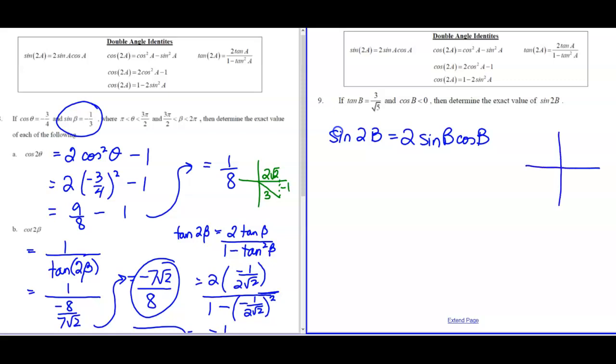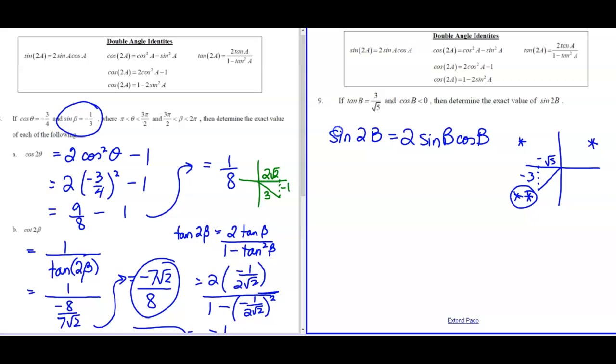So let's think about this. Tan is positive, so that is in the first and third. Cos is negative in the second and third, so it's going to be in the third. Tan is opposite over adjacent. Both will be negative because it's in the third quadrant. So we need, for sine and cos, we need the hypotenuse.